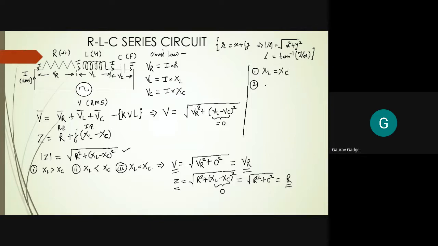Don't put your mic on mute. Okay, another equation. 2 pi fL is equal to 1 by 2 pi fC. No, XL equal to XC. Another, VL is equal to VC. Very good.